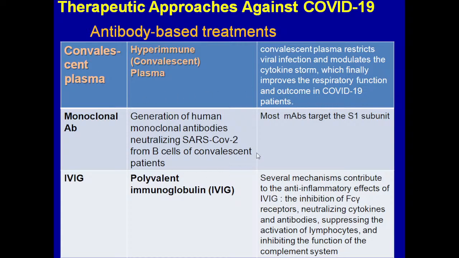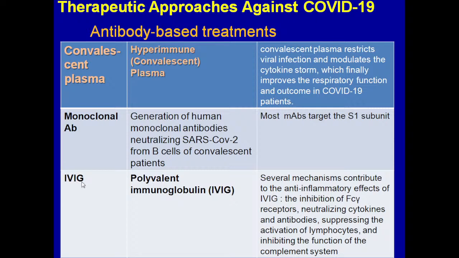Monoclonal antibodies: this is the creation of human monoclonal antibodies that can neutralize SARS-CoV-2 from B cells of convalescent patients. So, my dears, this is produced in human cells, not in mouse cells. Usually these antibodies target the S1 subunit responsible for the attachment to the critical receptor.